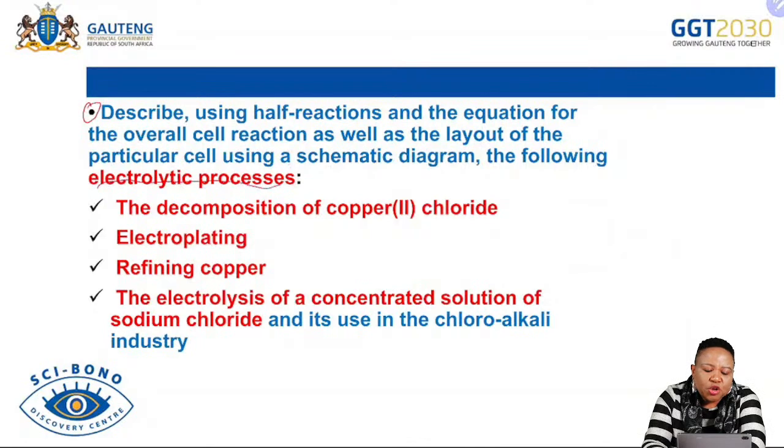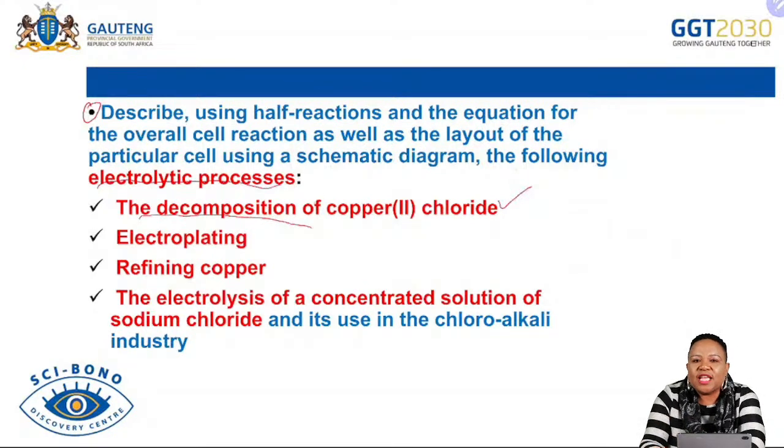This is going to be the decomposition of copper chloride, but not only the decomposition of copper chloride can be examinable, there can be other compounds that can be separated, and we are expected to understand the decomposition process.